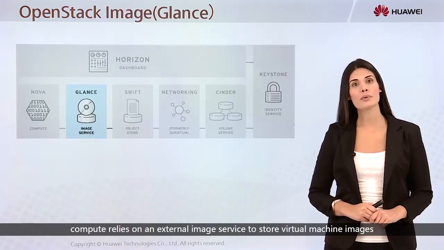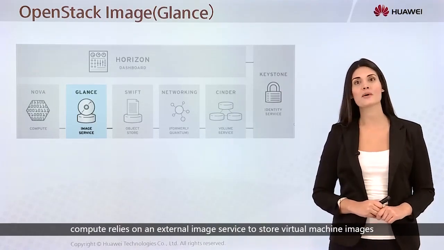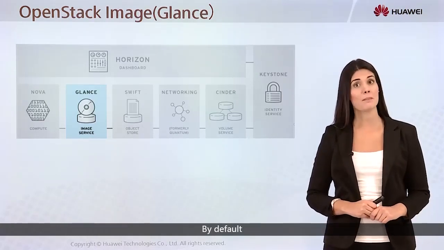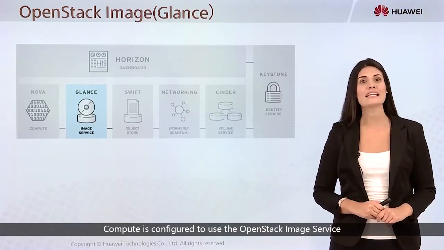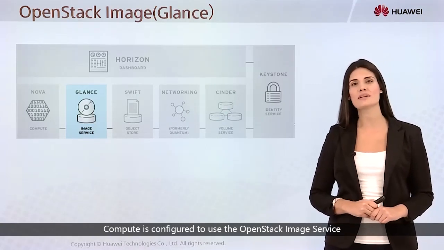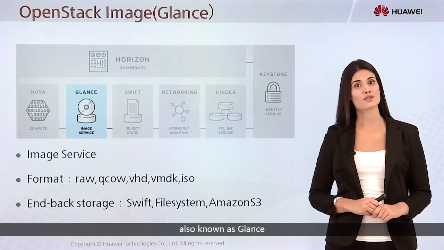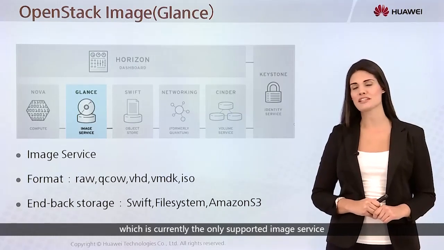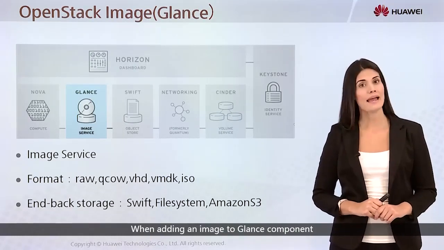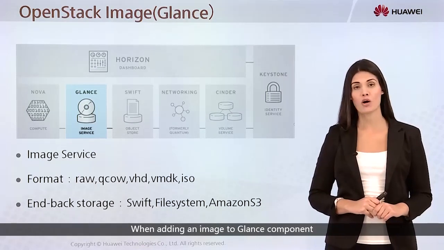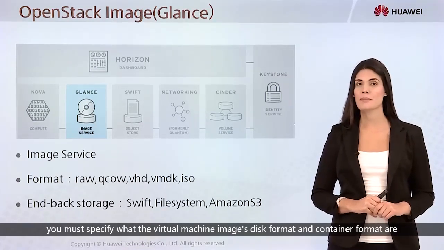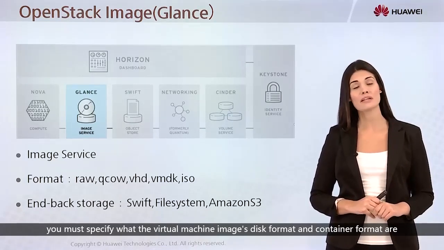Last page, we introduced the Nova component. Compute relies on an external image service to store virtual machine images. By default, Compute is configured to use the OpenStack image service, also known as Glance, which is currently the only supported image service. When adding an image to the Glance component, you must specify the virtual machine image disk format and container format.